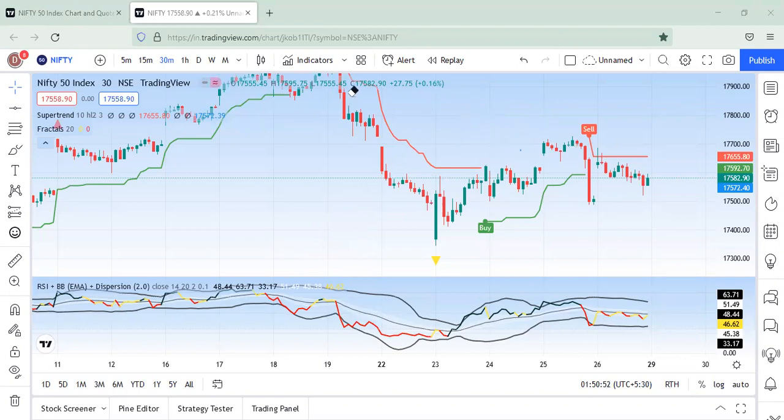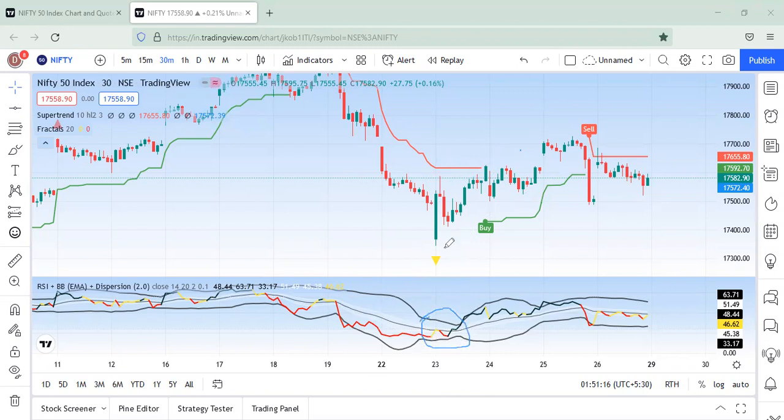Okay, now you find here this first signal of buying is coming when the Supertrend is showing a bearishness. So you may not buy here, but as the price goes upside, here this RSI also showing some upside movement.